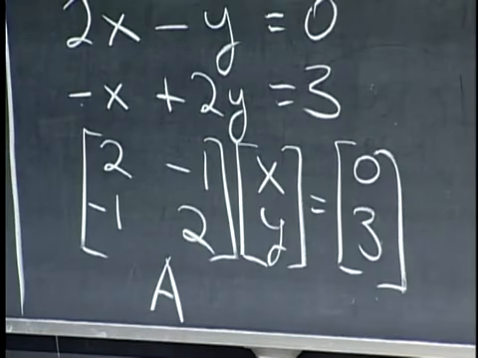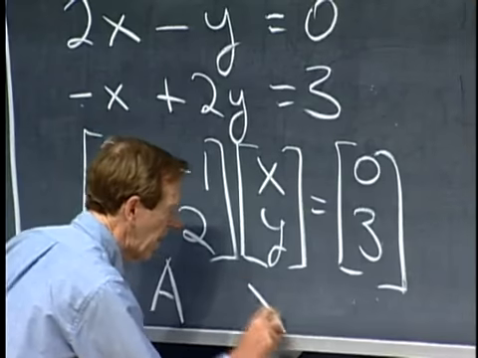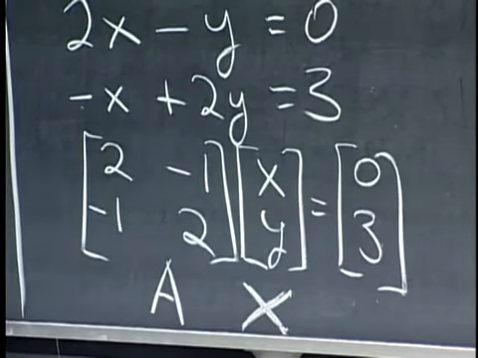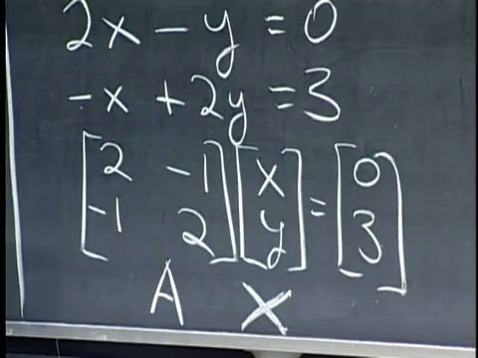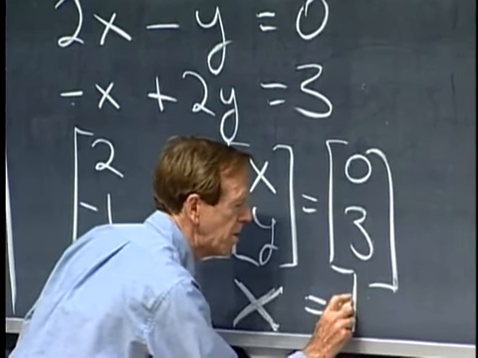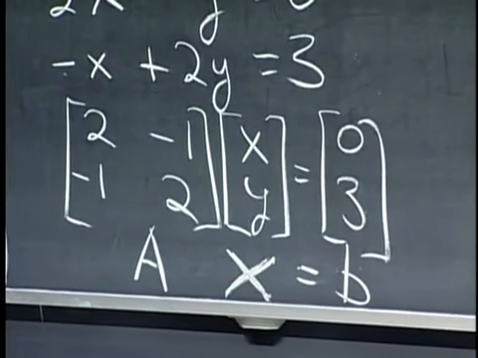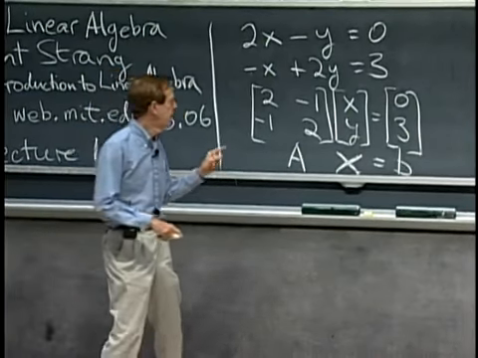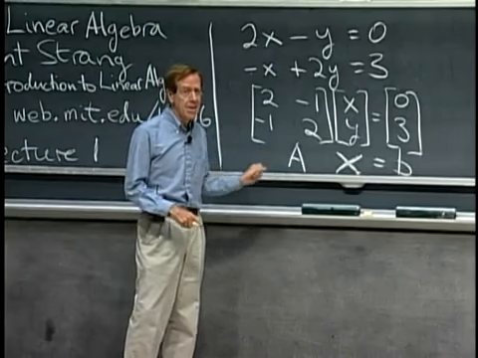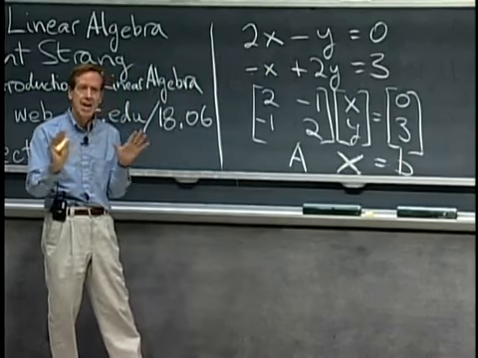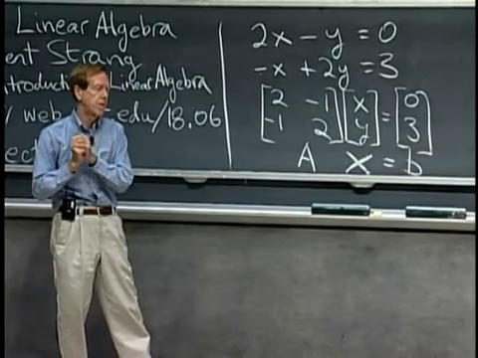Here we've only got 2 unknowns. Later we'll have any number of unknowns. And that vector of unknowns, I'll make that X extra bold. And the right-hand side is also a vector that I'll always call B. So linear equations are AX equal B, and the idea now is to solve this particular example and then step back to see the bigger picture.